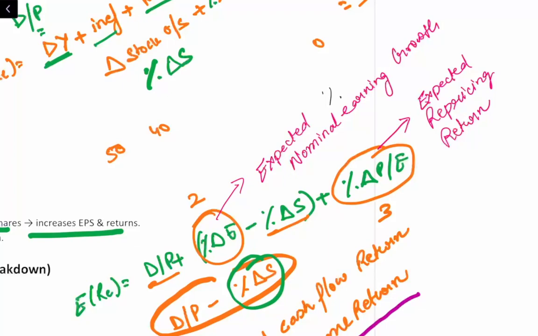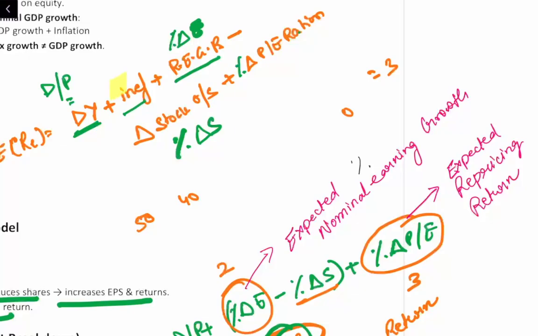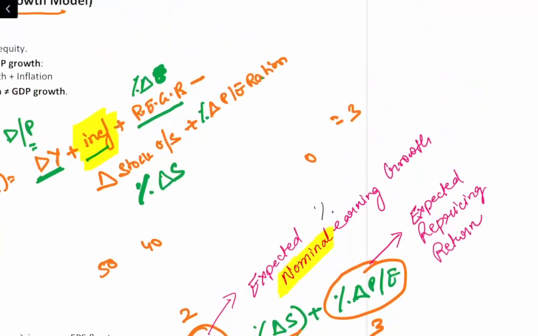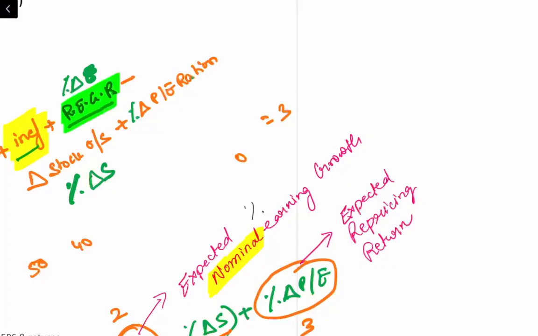Sir, earlier you were talking about the inflation, but now in this formula you have actually missed out the inflation. Now I tell you, I have not missed it out. It is actually presented over here. See, over here I have used the nominal earning growth, and over here I have used the real earning growth. So this is coming from two factors, real earnings growth plus your inflation.